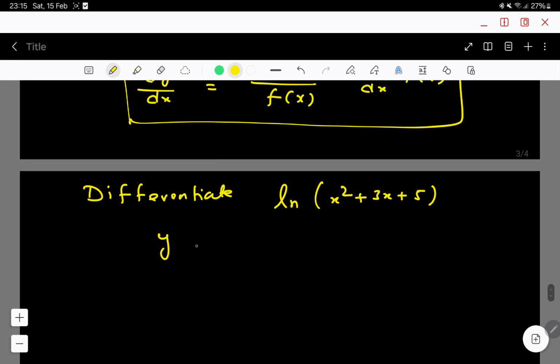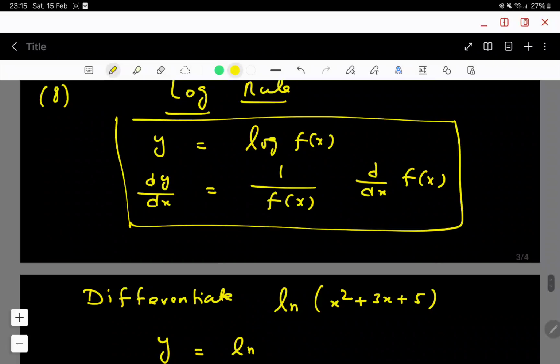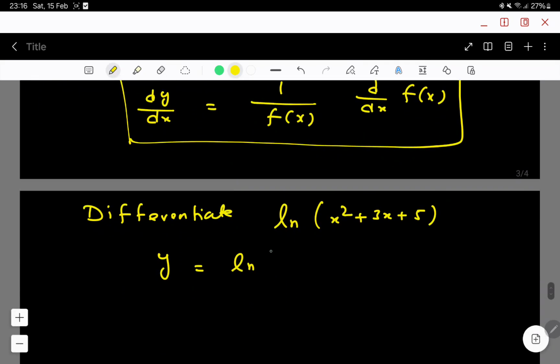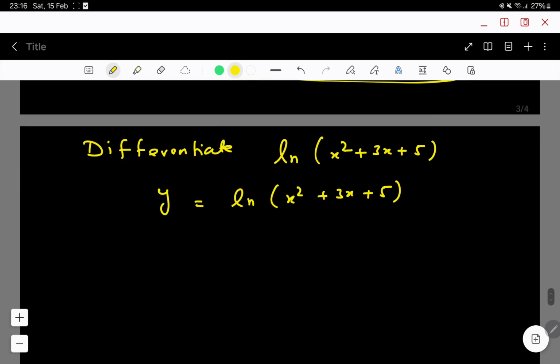So I am taking this as y is equal to, here you write a natural logarithm, ln of x square plus 3x plus 5.